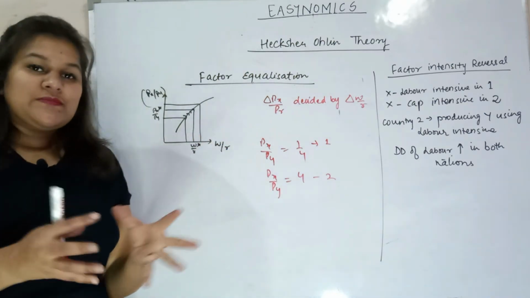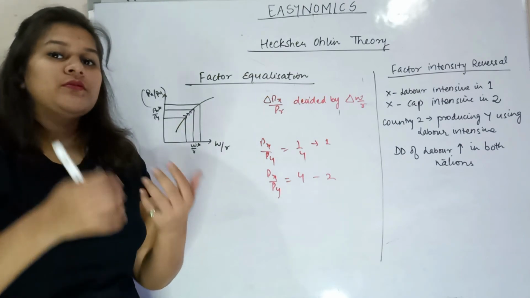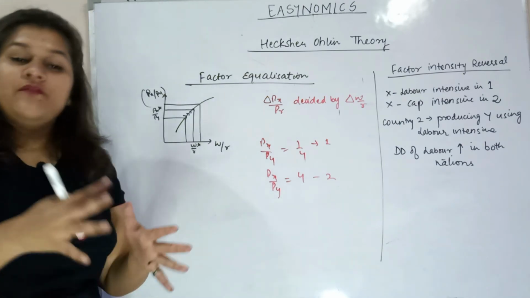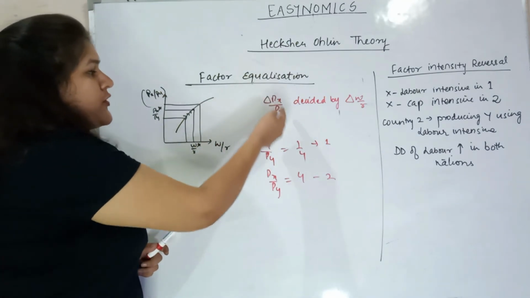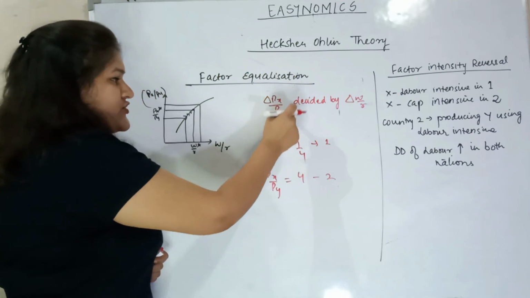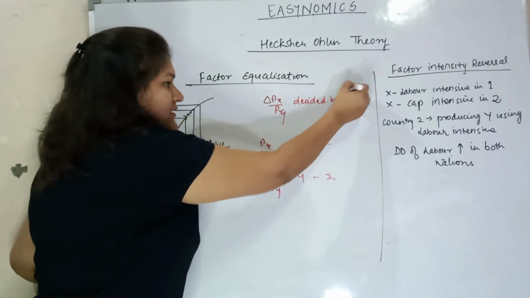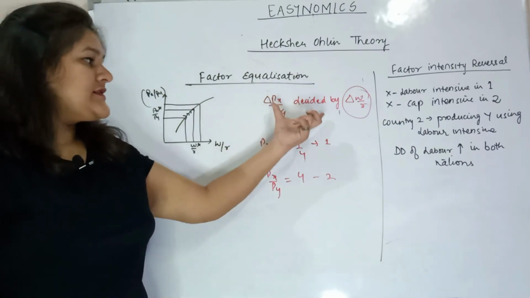Just because labor is extensively available in country 1, their wages are also lesser than country 2. So actually this change in the Px by Py ratio is decided by the changing wage to interest rate ratio. So this is the concept here.